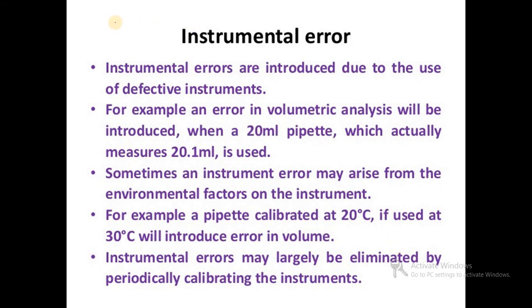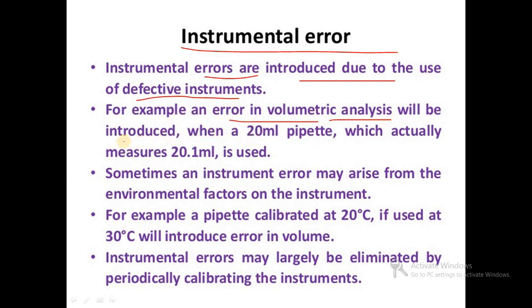Then the second type is an instrumental error. Instrumental errors are introduced due to the use of defective instruments, a fault in the instrument. For example, an error in volumetric analysis will be introduced when a 20 ml pipette which actually measures 20.1 ml is used, that is a fault in the pipette.